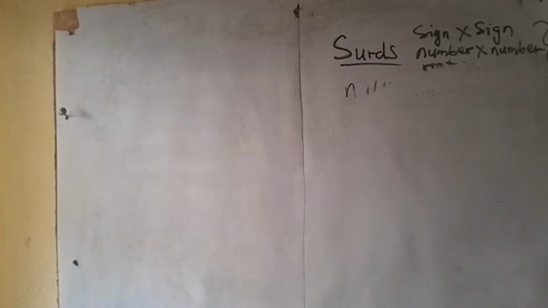So the roots of irrational numbers is what we call surds, and that's what we're going to be looking at.